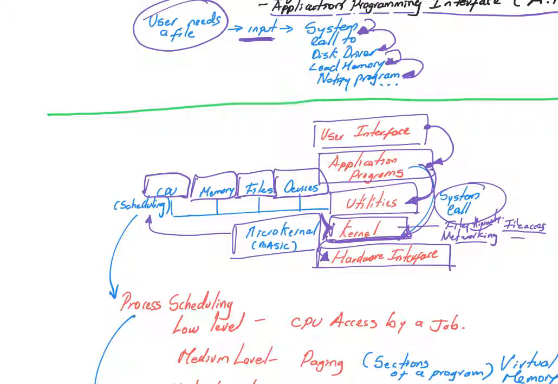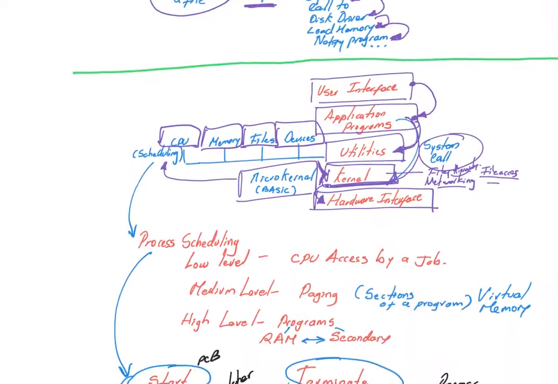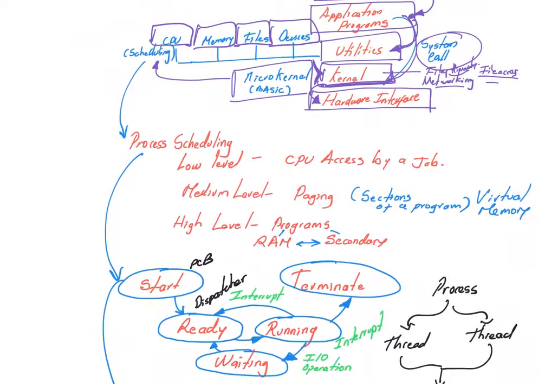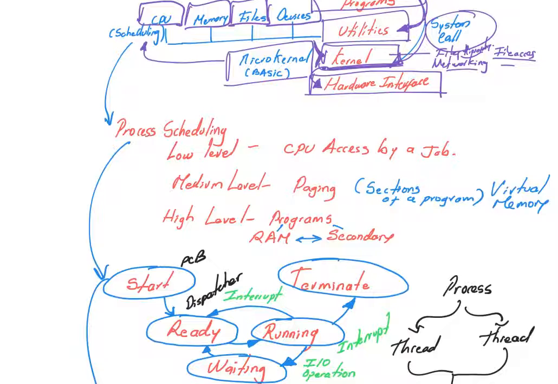So this is what scheduling means. There are different levels of scheduling, but it's all related to how the programs are being accessed by the memory and the CPU. So we have a low-level scheduling that handles how the different programs are being taken to the CPU.